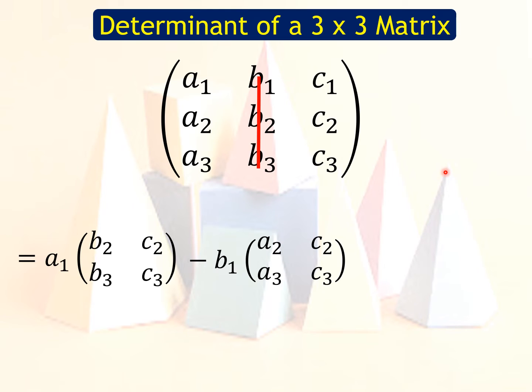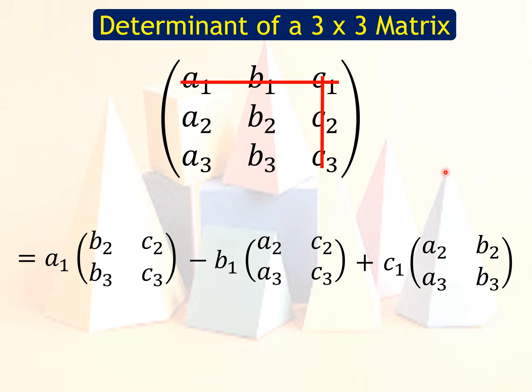So first, we are going to cancel or eliminate the first row, which C1 belongs, as well as the third column, where C1 belongs. So we have plus C1 times A2, B2, A3, B3. So this is the pattern in how to determine the determinant of a 3 by 3 matrix.